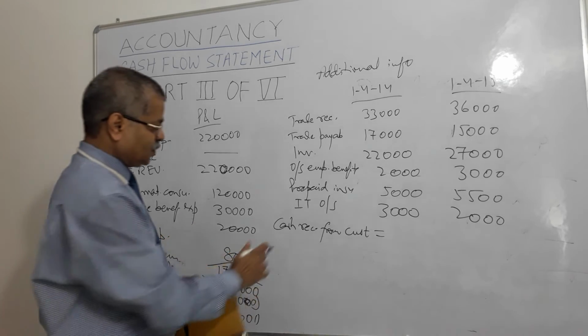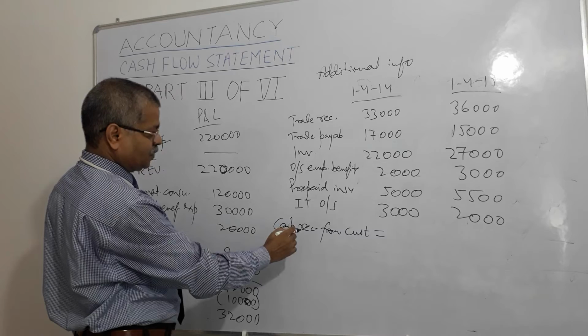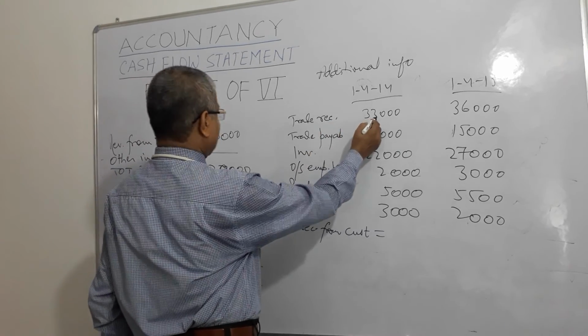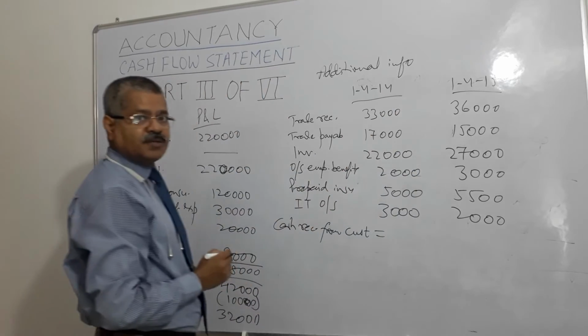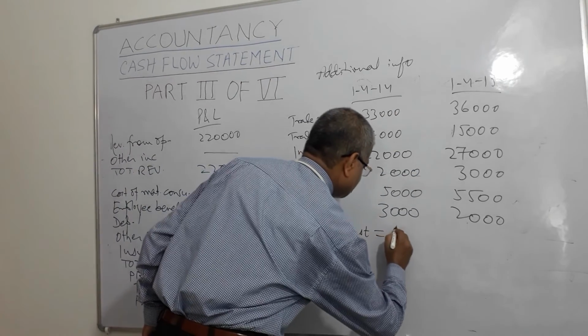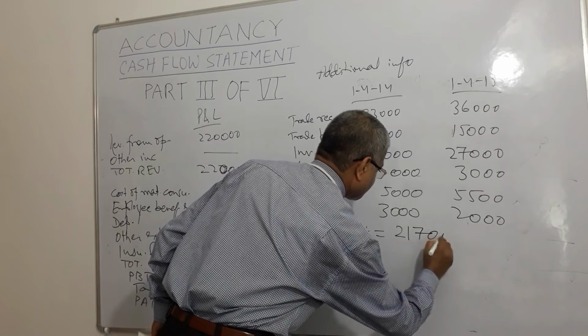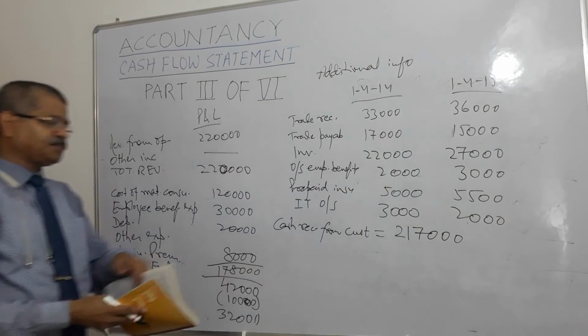So 2,20,000 plus 33,000 is 2,53,000, minus 36,000, 2,17,000.